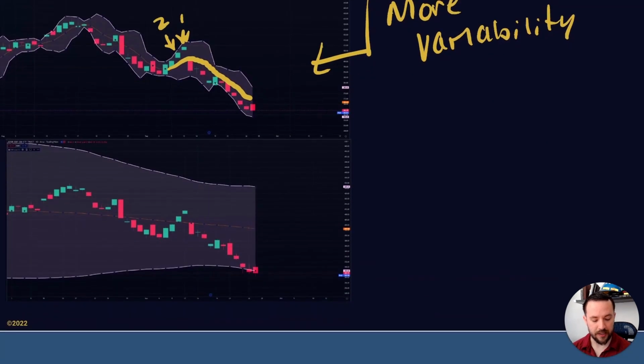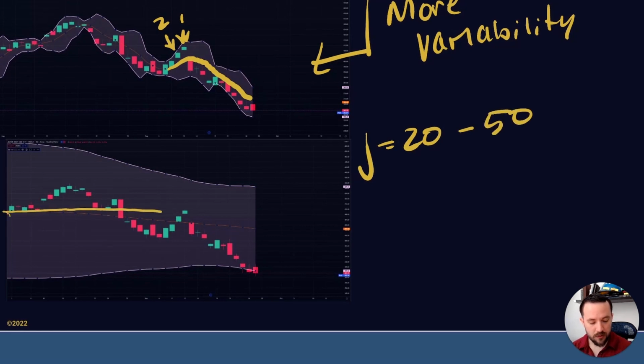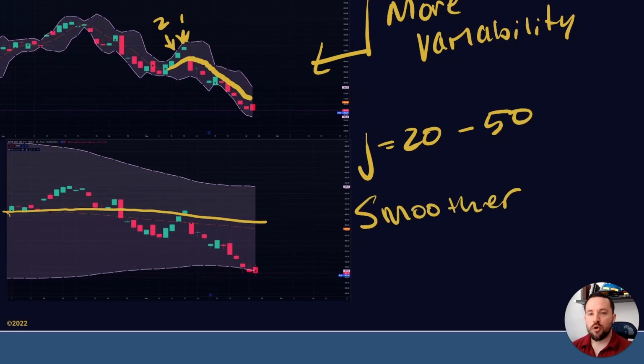Whereas if we calculate J to be rather large, say 20 or maybe even 50, we see that the movement of the average price is much smoother, because it takes more significant movement to move the average price because we have much larger historic data included in our calculations.